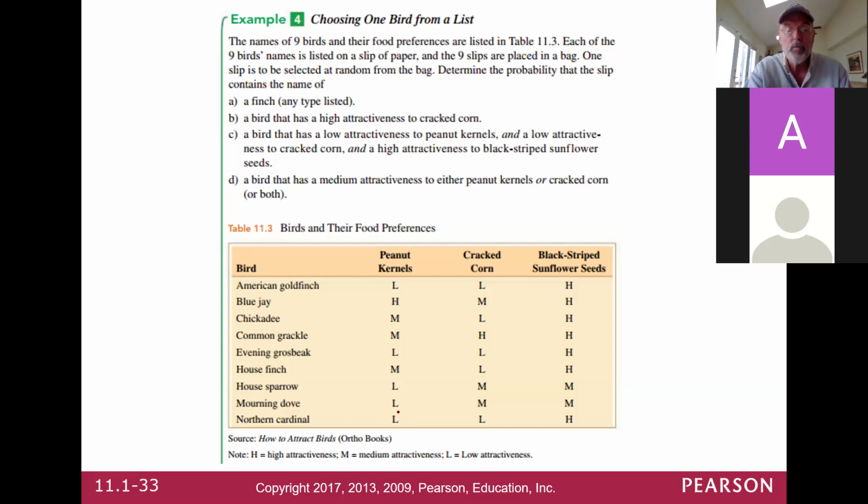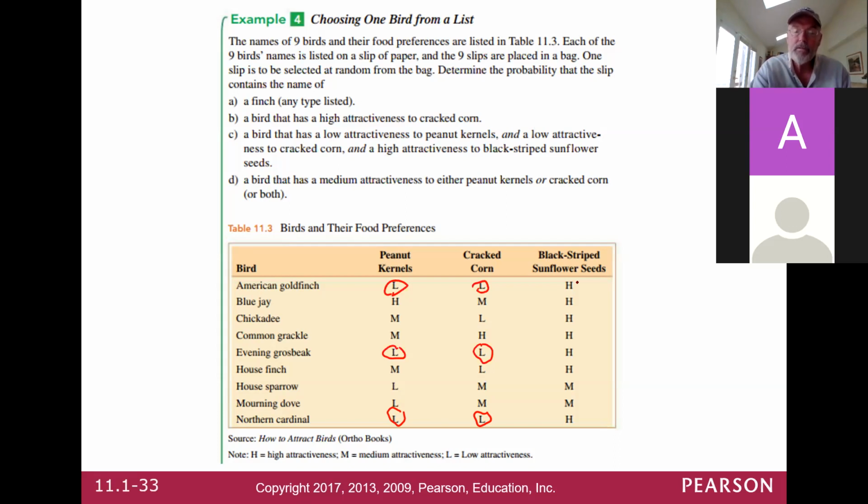So that would be this one. 5. Yep, this one here. And this one here and here, right? And then this one here and here. Does everybody sort of see that? Yeah, I see it. Okay, and then you add on the last one: high attractiveness to the sunflower seeds.